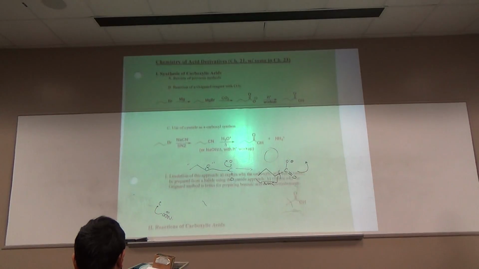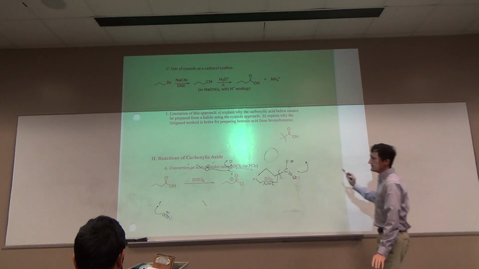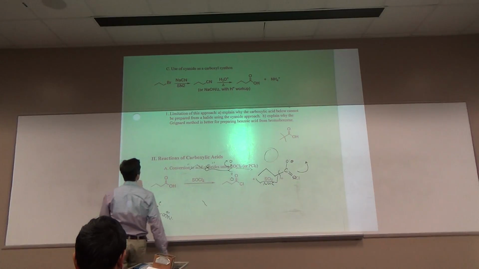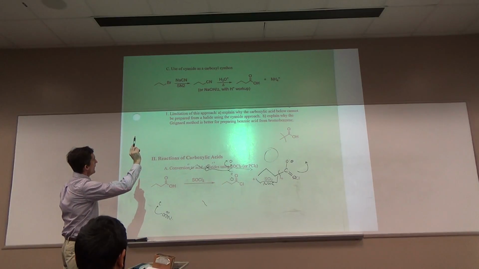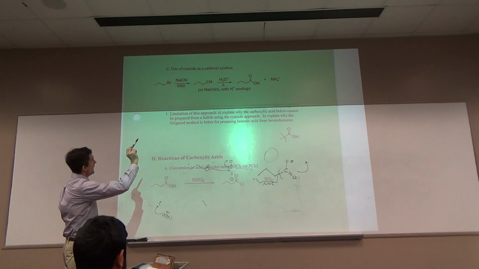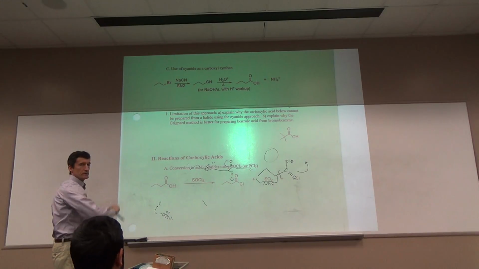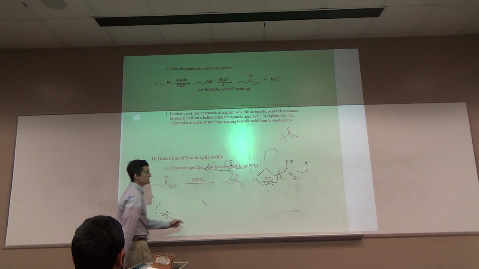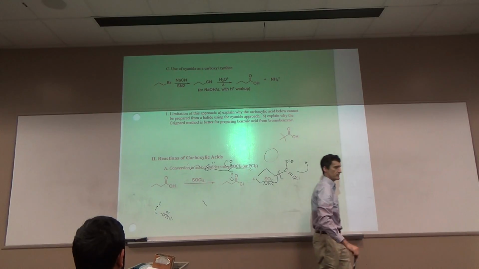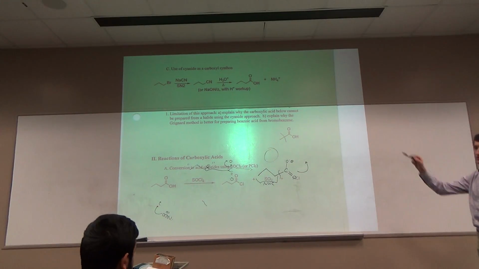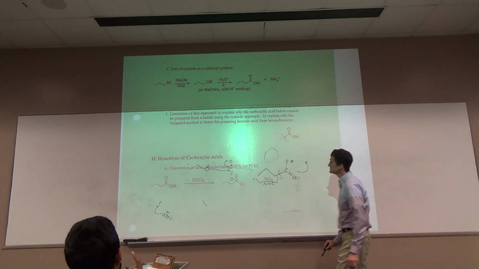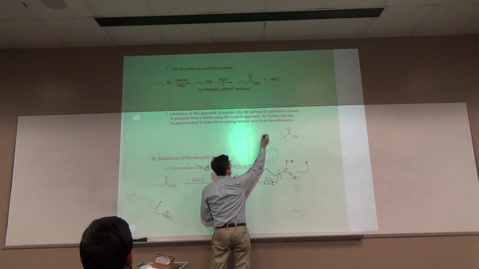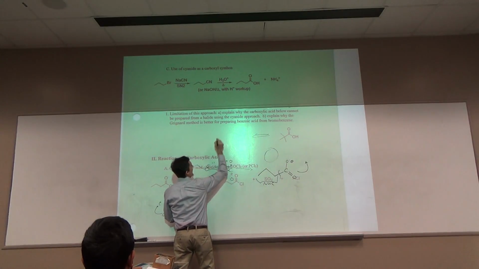Okay, two new methods. You've got to be careful about which method you use. You can't just use both any time. This compound here: which of these two methods would be better to use to make this compound? I already kind of gave you the answer. Why is the cyanide synthon not good for this? Well, we would back this up to what?